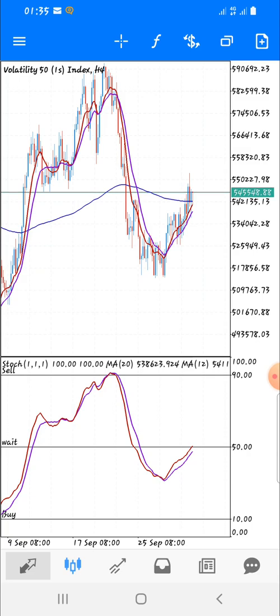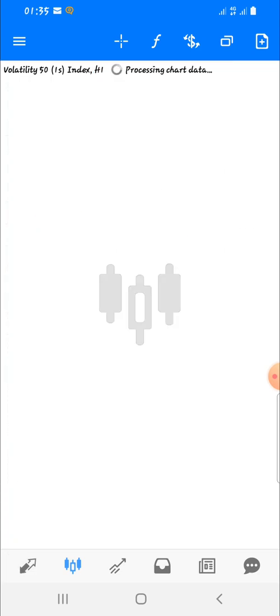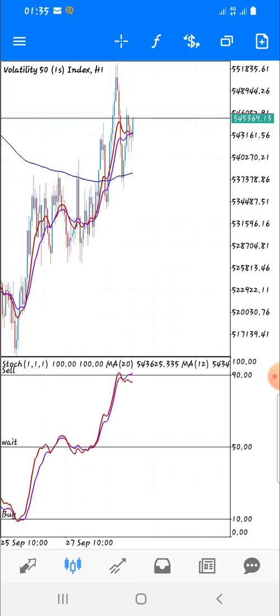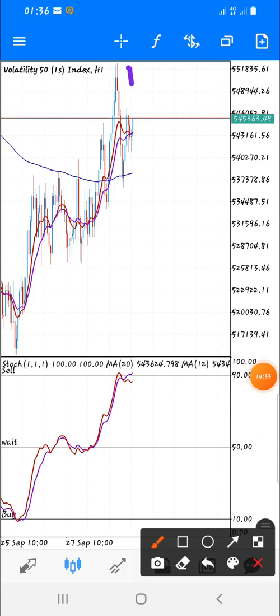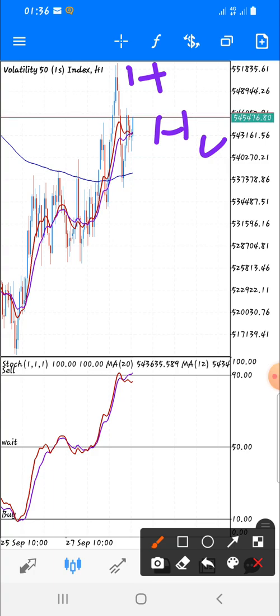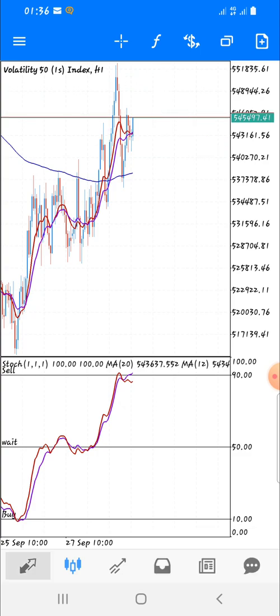You see, so we then go to the 1 hour time frame. When we go to the 1 hour time frame, you see the price has created the higher high, the higher low, then the lower high and the lower low, the lower highs and the lower lows. That's what you need to identify.